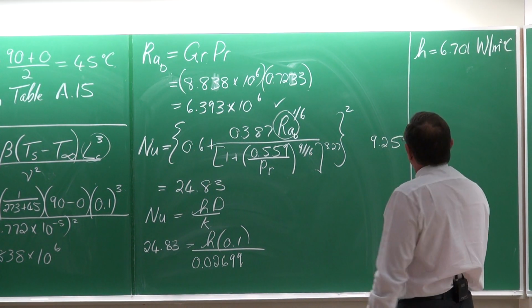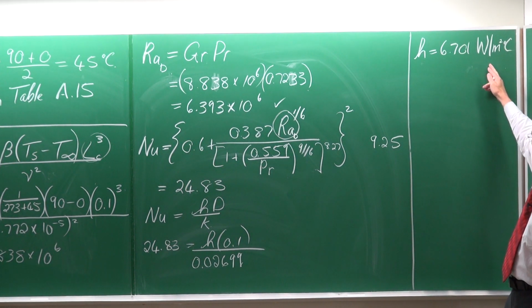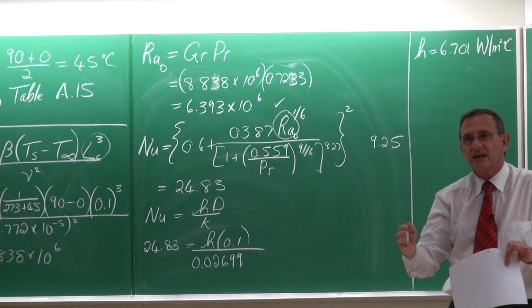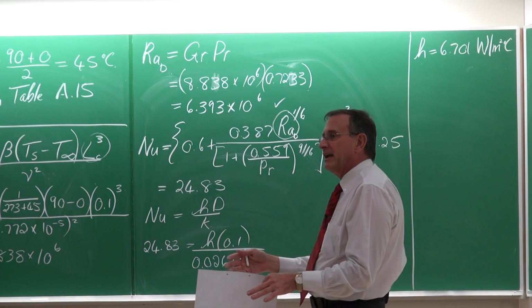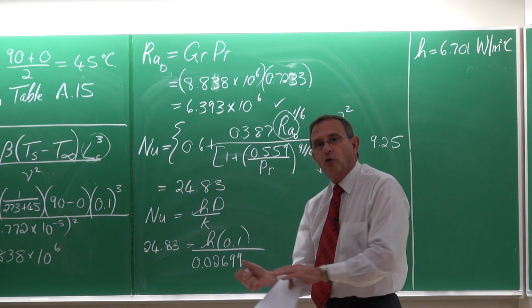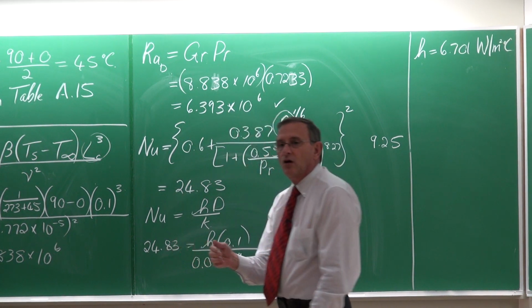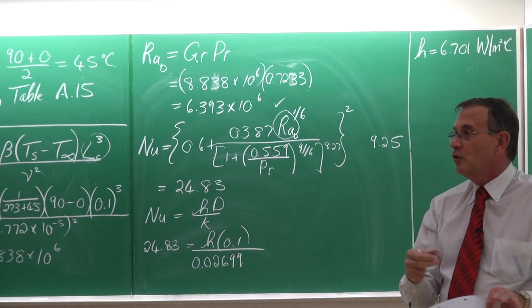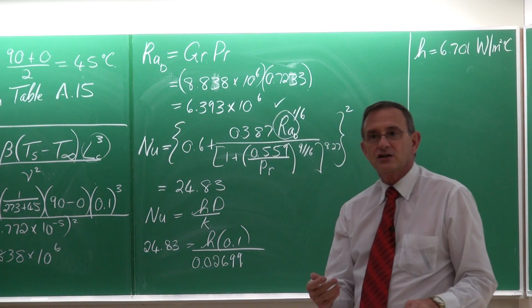So normally, if we've got problems of natural convection, then the heat transfer coefficients are of the order of magnitude up to maybe 10 or 20 or 30, but relatively small. If we've got single phase, water, air or something like that, with forced convection, then normally the heat transfer coefficients are of the order of thousands. If we've got condensation or boiling, then the heat transfer coefficients are of the order of tens of thousands.